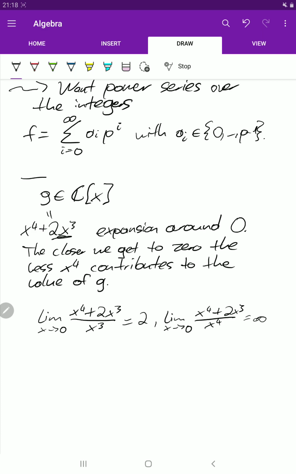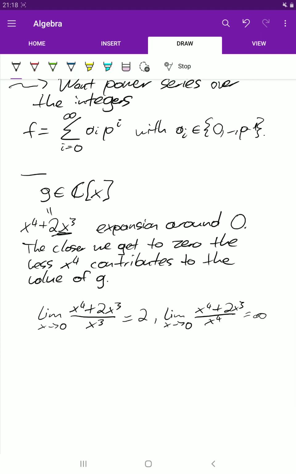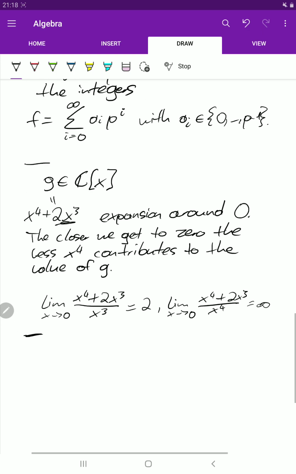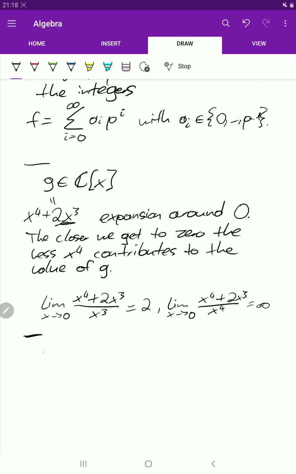So we want to mimic this behavior for the primes p. And so what we want is that in some sense 1 is larger than p. Let me write it like this already.